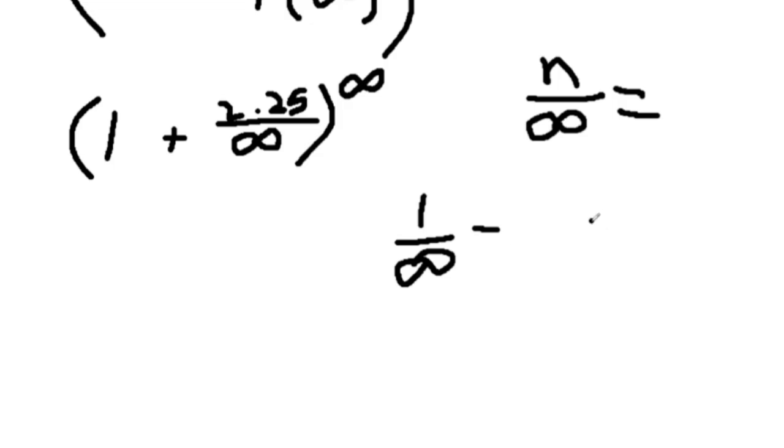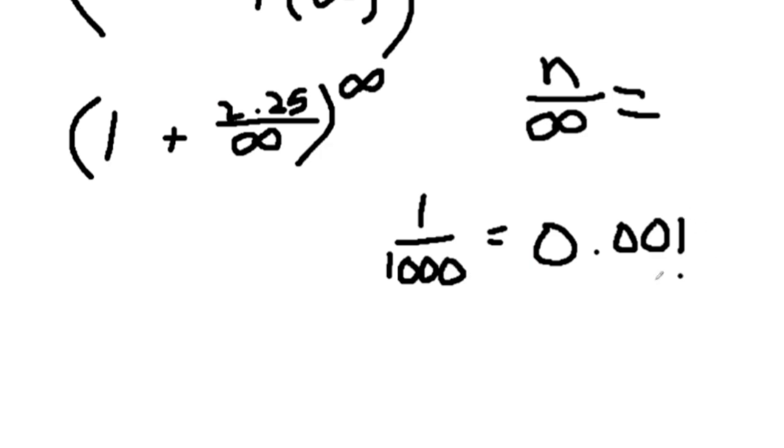Let's do like 1,000. 1 over 1,000 is 0.001. This is not 0. And the more times you add a 0 here, it's never going to become 0. 1 over infinity can never become 0.